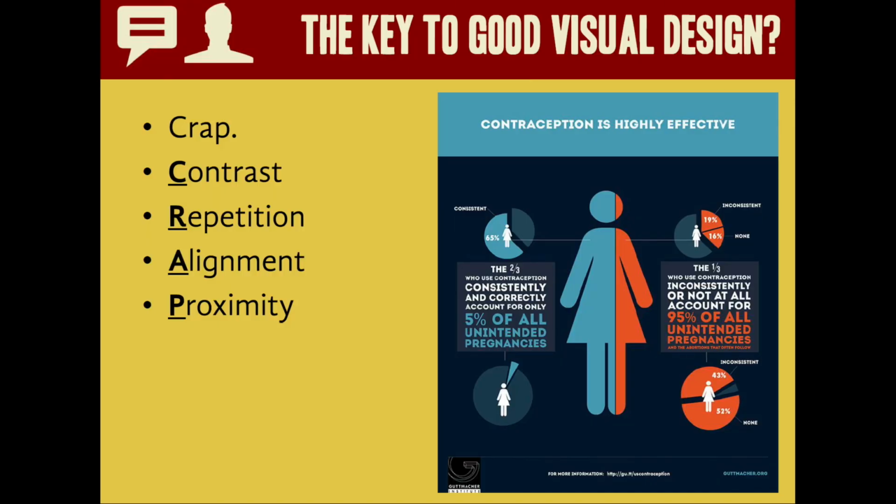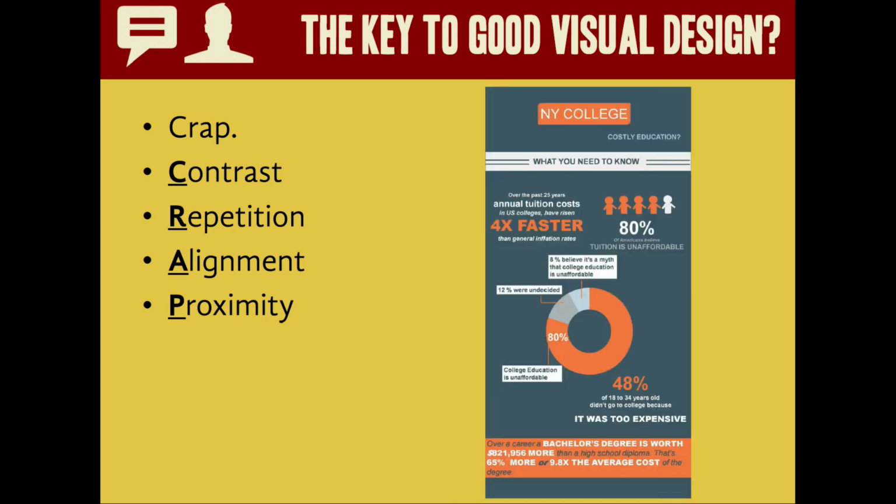Here are a few more examples from infographics. Infographics are really hot right now as a method of visual communication and as a way to provide information in a way that's a little more interesting than blocks of text or even simple tables. How is contrast, repetition, alignment, and proximity used throughout these infographics?